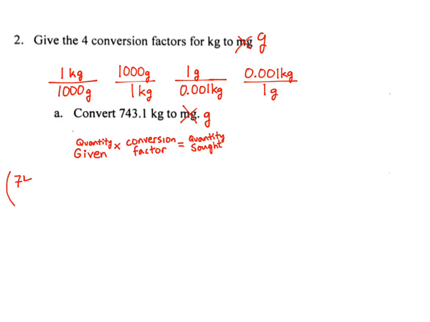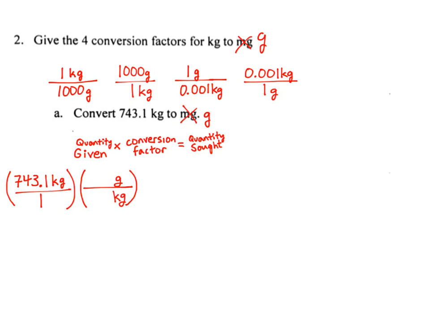So the quantity that we are given, we write as a fraction: 743.1 kilograms over 1, and include the units. And now we have to determine which conversion factor will get rid of kilograms and give us grams, because that's what we're asked to do. So we're going to look for a conversion factor that has grams in the numerator and kilograms in the denominator.